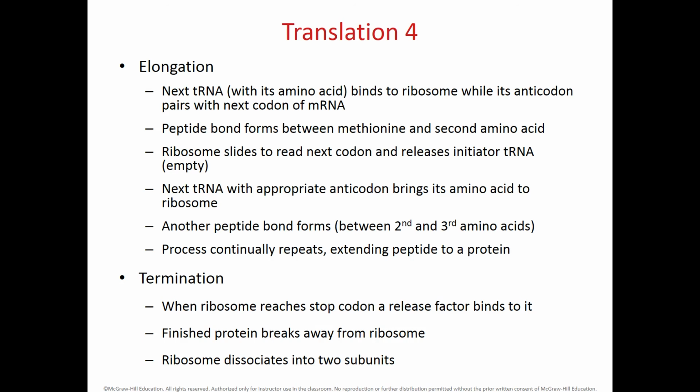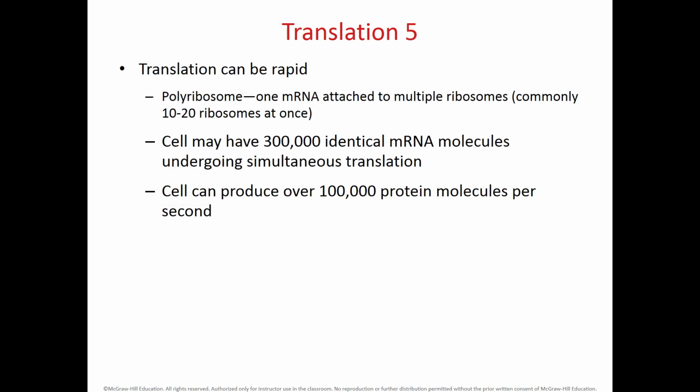And within this messenger RNA, you will have a stop codon that signals the end, so you don't add more amino acids, and you terminate the formation of the protein. And then the ribosome will dissociate into the 2 subunits.